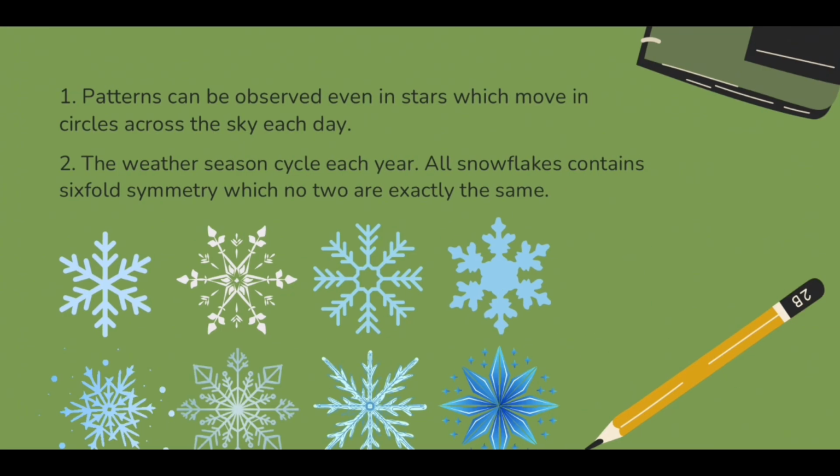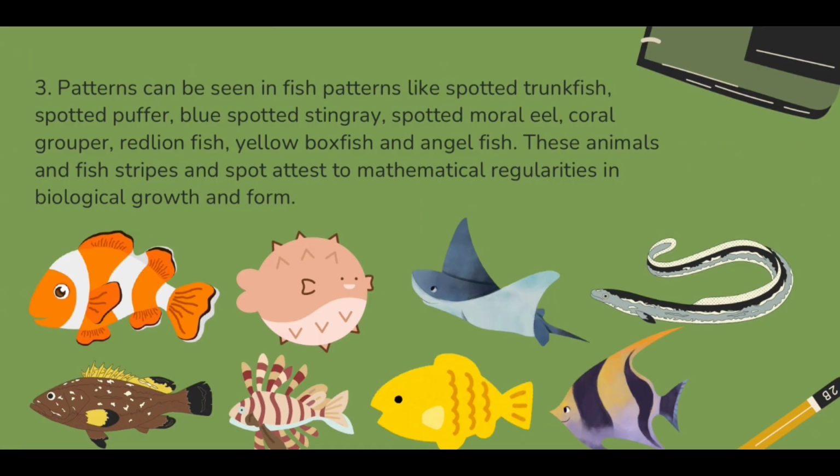To give you many more ideas about patterns, first, patterns can be observed even in stars, which move in circles across the sky each day. Second is the weather season cycle each year. All snowflakes contain six-fold symmetry, though no two are exactly the same.